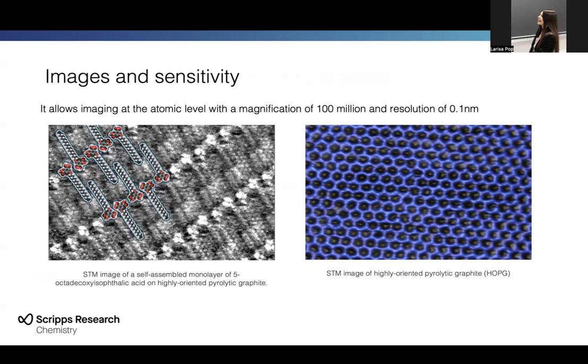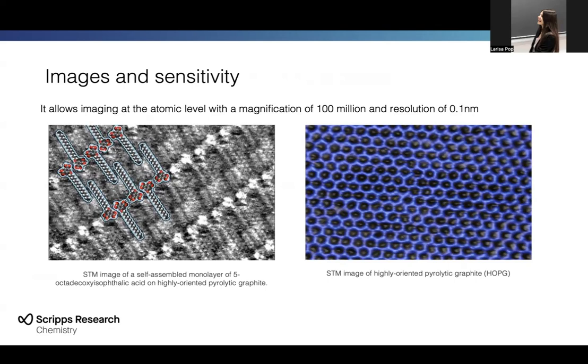Moreover, the STM uses piezoelectric materials for its scanner, which can move the tip with atomic precision. Piezoelectric materials expand or contract in response to an applied voltage, allowing the tip to be positioned with sub-Angstrom accuracy. This precise control is crucial for maintaining the correct distance between the tip and the sample, and for scanning the surface accurately.